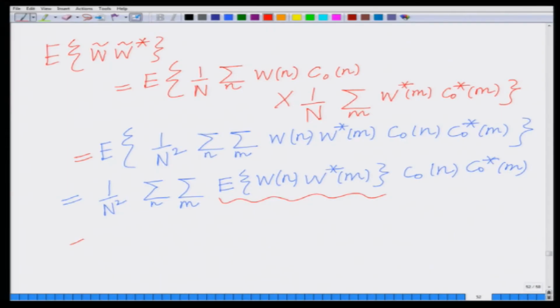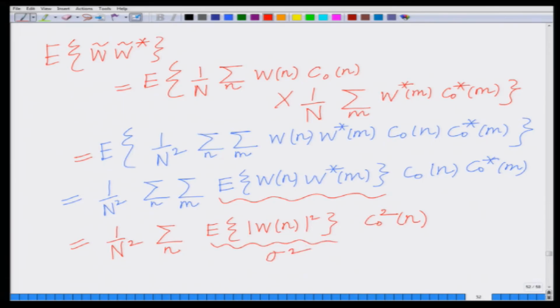Therefore, we can simplify this as 1 over N square, summation over n expected value of W[n] into W[n] conjugate, which is expected value of magnitude of W[n] square times C0[n] into C0[n] conjugate, which is C0 square of n, since C0 is a real quantity. But we know that expected value of magnitude W[n] square is the variance of the noise, sigma square. Expected C0 square[n] is equal to 1, since C0 is plus or minus 1.